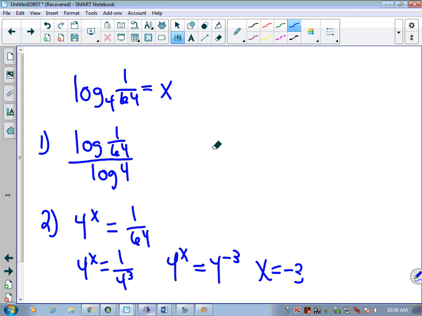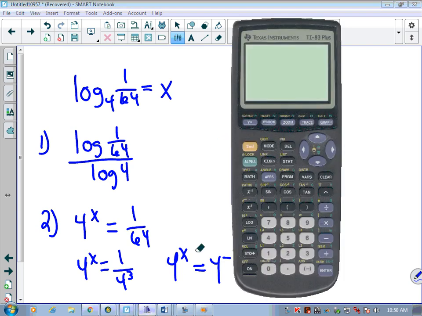I want to see real quick if method number 1 that I have up there works, because I've not done that with this one. Let's take log of 1 divided by 64, divided by log 4. See if we get -3, and we do, we get -3.